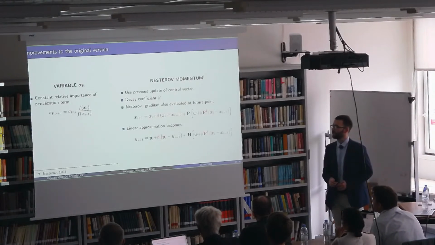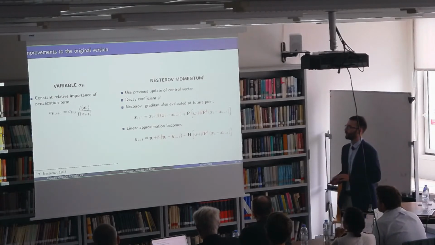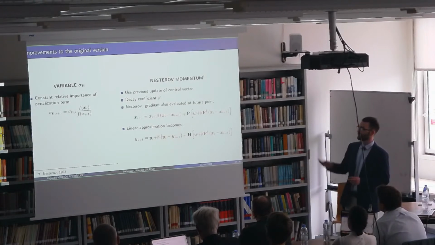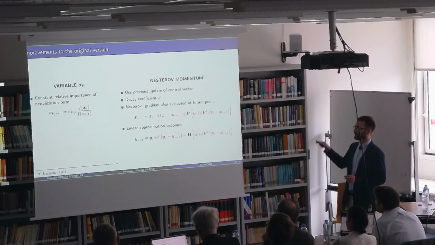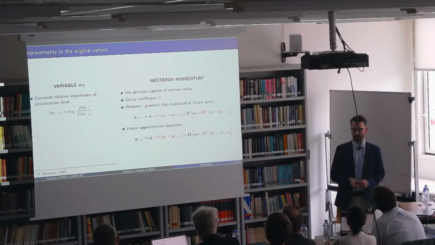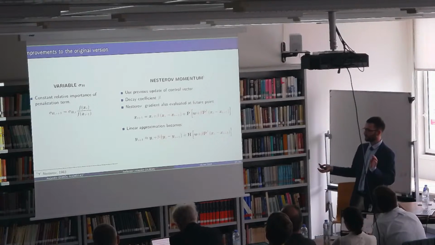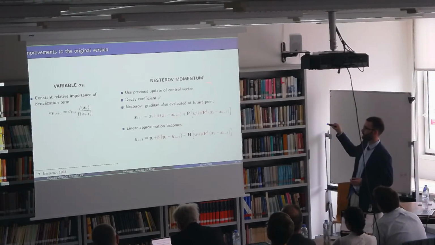So in order to improve the performance and to increase the robustness, we propose 2 different improvements. First, the use of a variable sigma h coefficient, so that the relative importance of the penalization term stays constant during the whole optimization procedure. And then, as I said before, this method is very similar to stochastic gradient descent, where the use of momentum is widely applied.